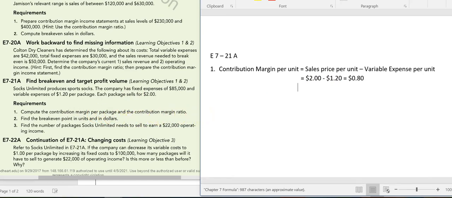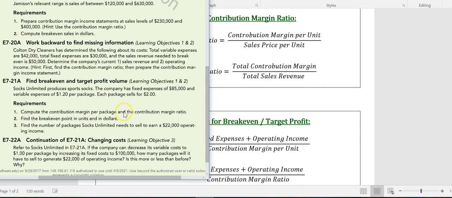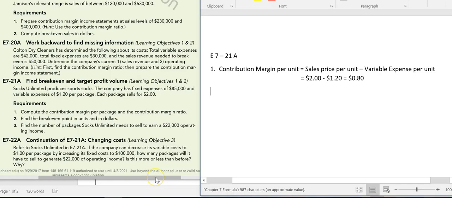It also says calculate the contribution margin ratio. Remember, contribution margin ratio is just the expression of contribution margin in terms of sales. And if you remember from your formula sheet, either you could use per unit information or you could use your total amount information. That means total amount of contribution margin or total sales revenue. Since in this problem we have per unit or per package information, we're going to calculate the contribution margin ratio using per unit information.